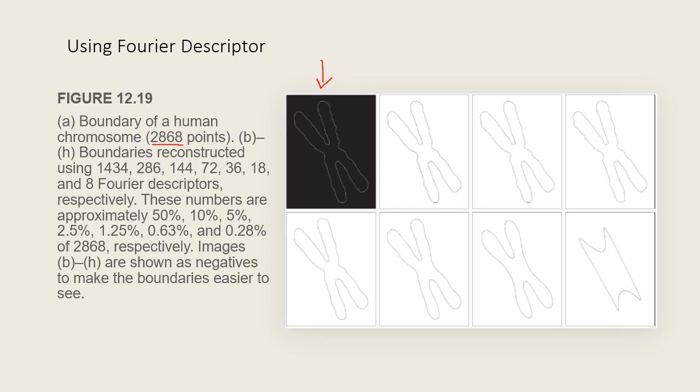Now, if we represent that object using the Fourier descriptor, and we take P equal to only 1,434 or 286 or 144 or 72 or 36 or 18, then we will have this object.